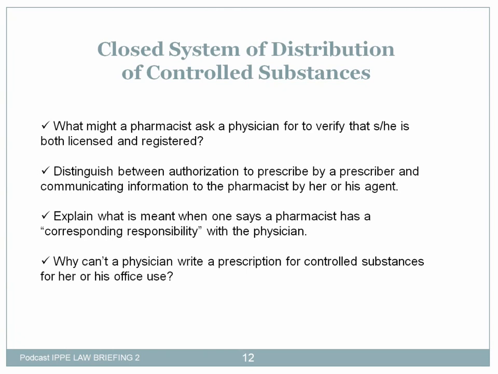First of all, the prescriber has to be licensed by the state, like here in New York. And secondly, the prescriber has to be registered by the DEA. Both the state and the DEA give numbers to those who are either licensed or registered. And for a pharmacist to verify that a prescriber is both licensed and registered, it might be necessary to ask for the state license number or the federal DEA registration number.